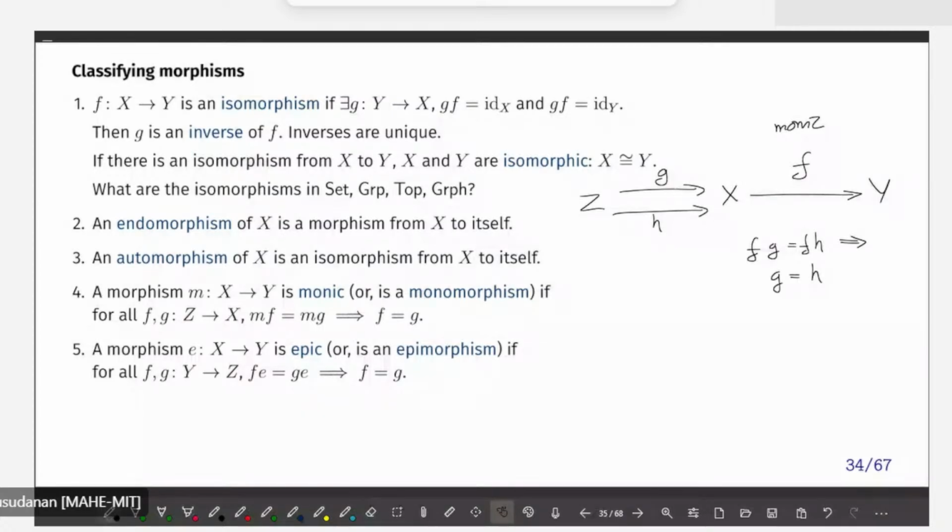That's it. Algebraically, you can just say it is cancelable on the left. We are not saying it has a left inverse. That's different. If it has a left inverse, then it's left cancelable. But the converse is not true. It is simply a left cancelable morphism, meaning cancelable on the left side.